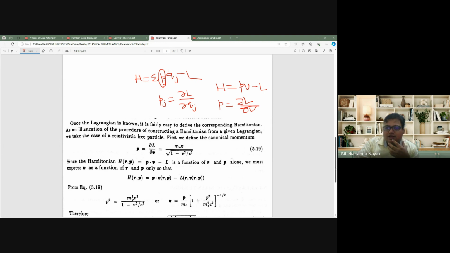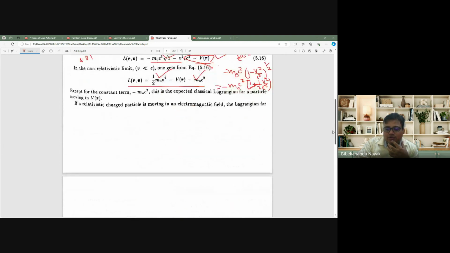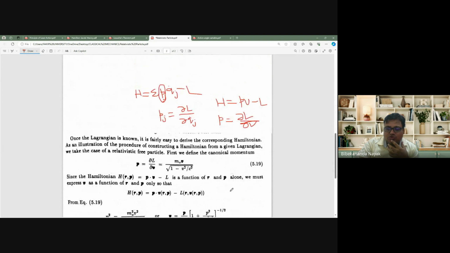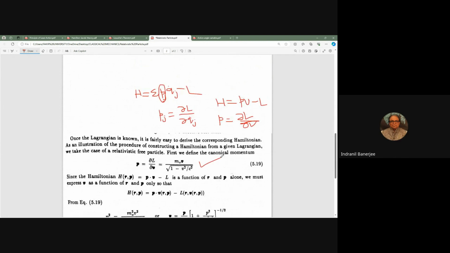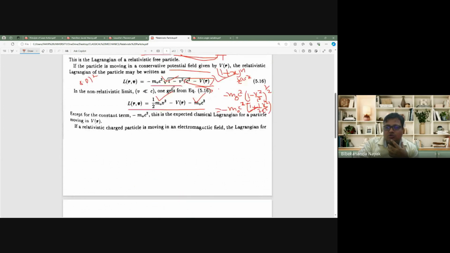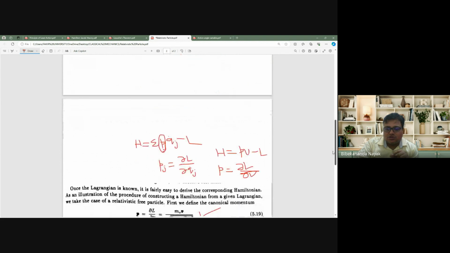We use this P is equal to del L by del V. The Lagrangian is given. We take the derivative. We find it will be m0 v by square root of 1 minus v square by c square. Because the derivative of the square root of 1 minus v square by c square, it will be power half, so half into power minus half means 1 by square root of 1 minus v square by c square into minus 2v by c square, minus minus plus.